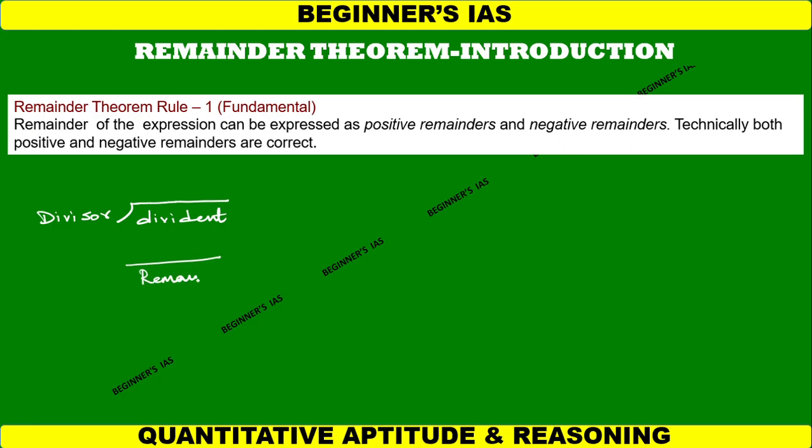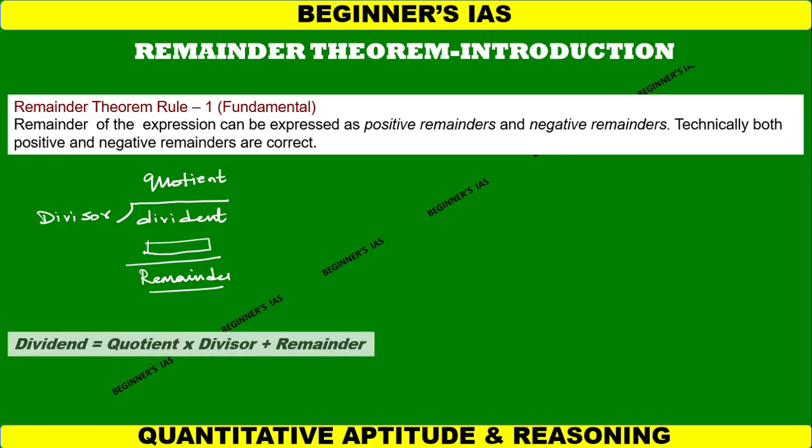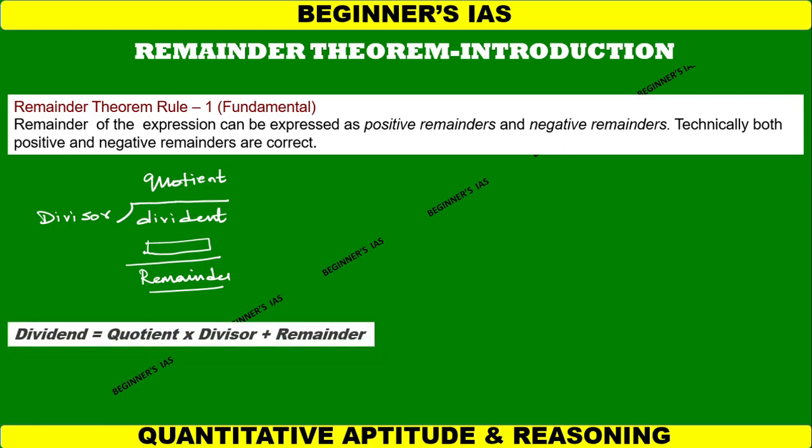To identify the remainder, we need a quotient, since we will multiply the divisor with the quotient and then add some number. By using this technique, we form an equation. That equation is nothing but the dividend, which is equal to quotient into divisor plus remainder.